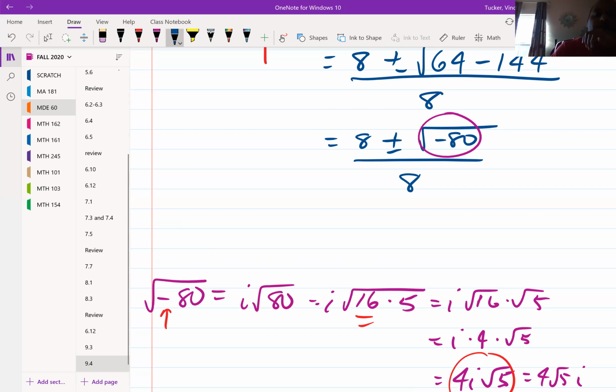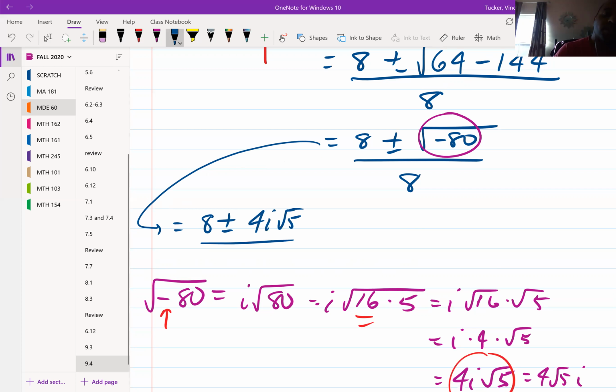So let's go ahead and finish this. You're looking at 8 plus or minus 4i square root of 5 over 8. This 8 goes into each term.